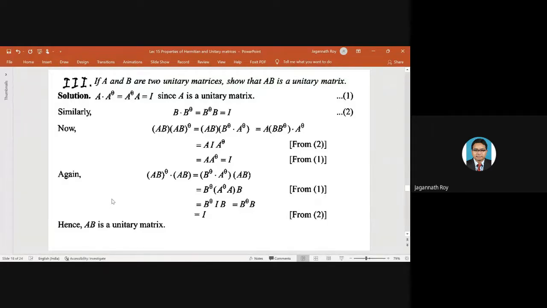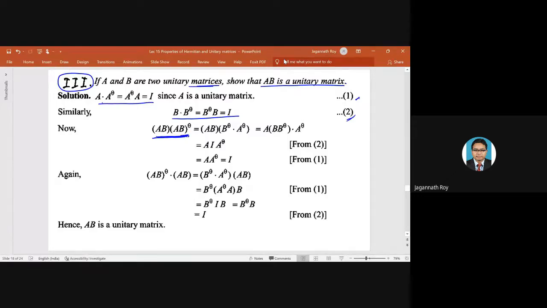Now the third property: if A and B are two unitary matrices, then AB, the product of two unitary matrices, is also unitary. So A is unitary, it will satisfy this equation. B is unitary, it will satisfy these two equations too. So from these two equations, we can take the multiplication of AB and the conjugate transpose of AB.